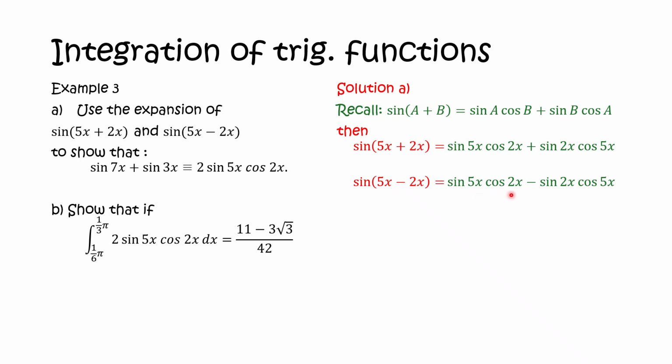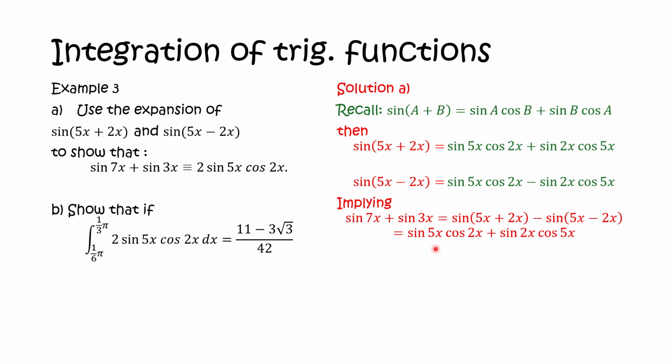This will be equivalent to sine 5x cosine 2x minus sine 2x cosine 5x. Right, this implies that sine of 7x, remember, we'll be adding the 5x plus the 2x, plus the sine 3x, where we would be subtracting 5x minus 2x so that we get the 3x.